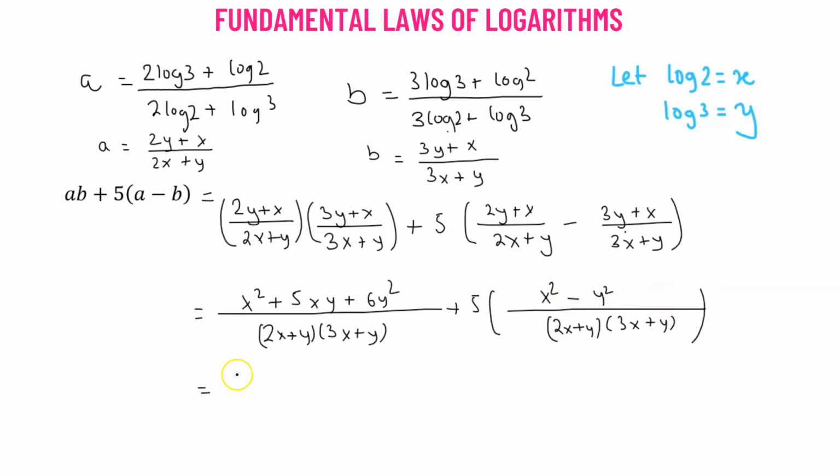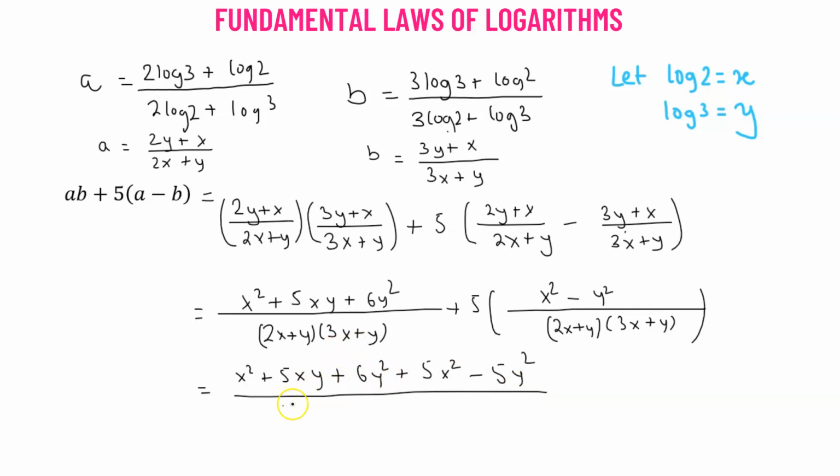This is going to give us x squared plus 5x. Now we have a common denominator, so we can add the numerators: 6y squared plus 5x squared minus 5y squared, divided by 2x plus y multiplied by 3x plus y.